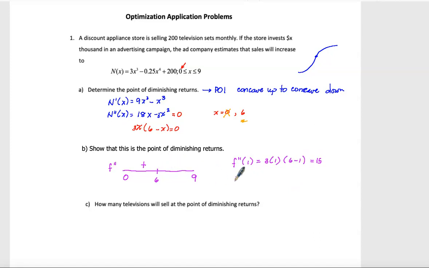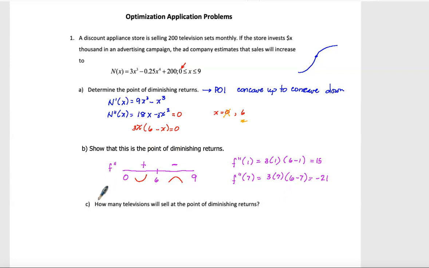Next, we test a point from 6 to 9. So say, for example, 7, we get 3 times 7 multiplied by 6 minus 7, and this gives us negative 21. So it's negative right here. That means that the curve changes from concave up to concave down. And so therefore, x equals 6 is the x value of the point of diminishing returns.